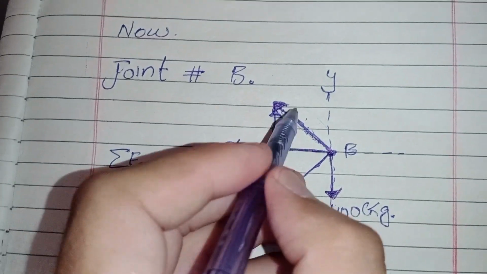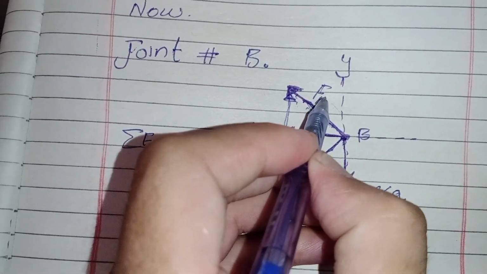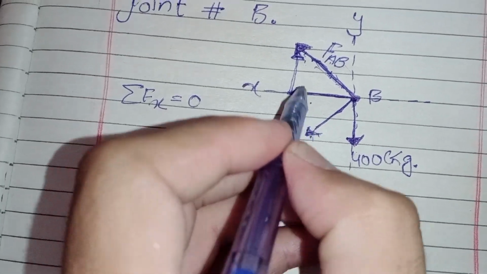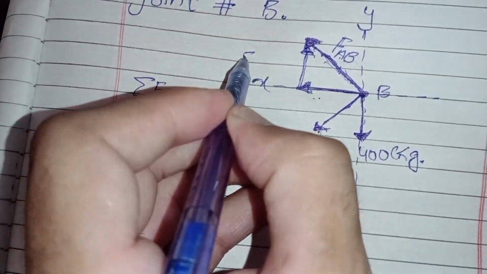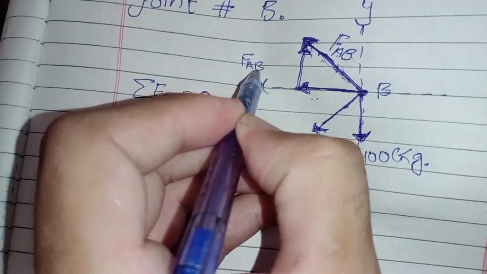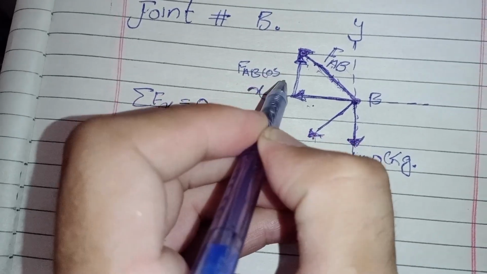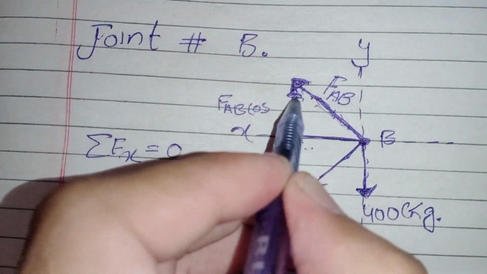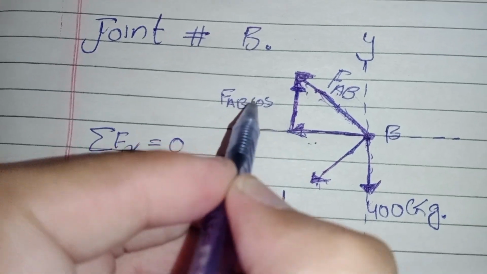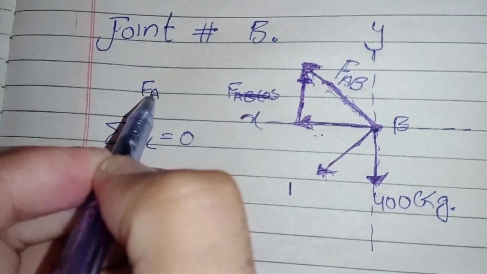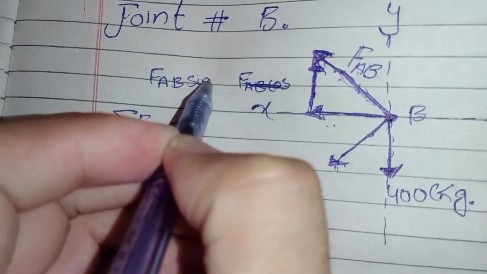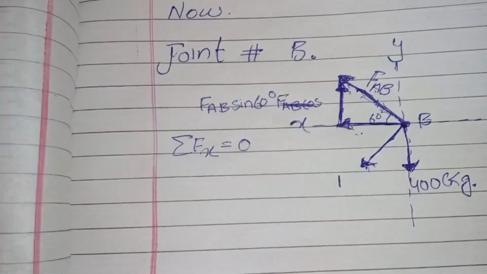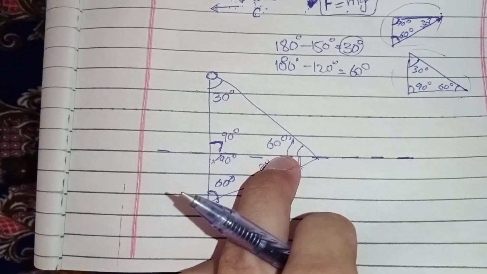This is the resultant force F of AB or BA, and this is F of AB, this is vertical component, F of AB sine 60 degree. This is 60 degree. We find that this angle is 60 degree.